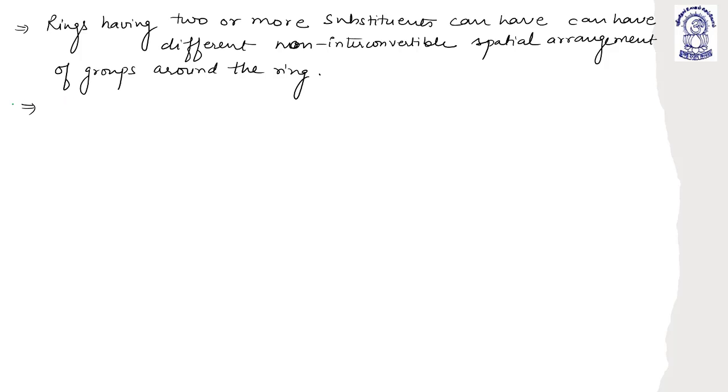So the minimum requirement, the essential condition for a ring to exhibit geometrical isomerism, is that at least two of its ring atoms must have different groups attached to their exocyclic single bonds.